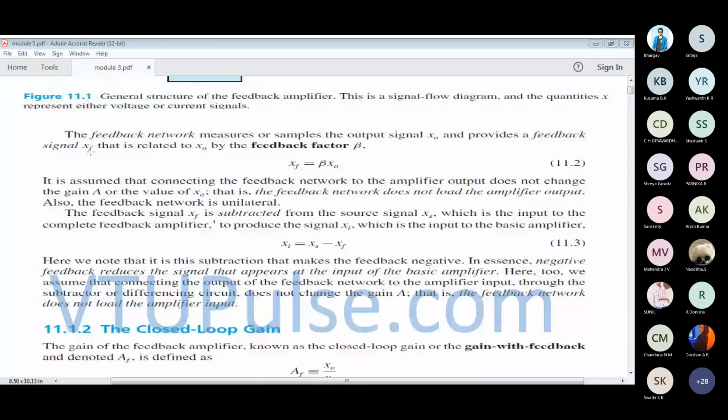A is the amplification, that is the gain, and beta is the feedback factor.